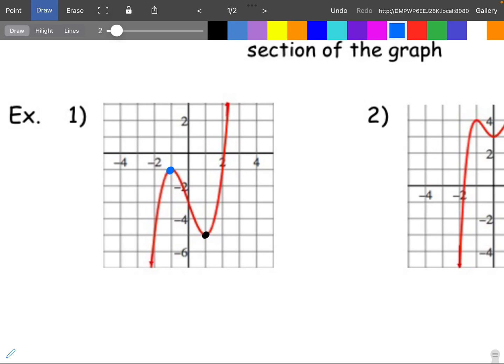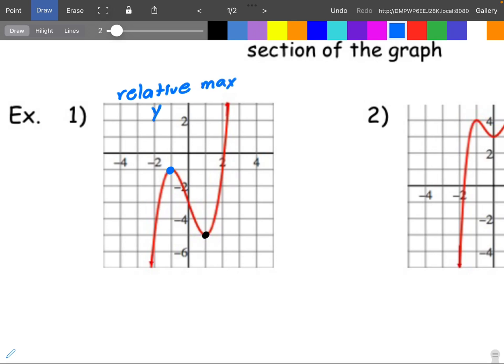That turning point is the highest point in this section of the graph. So within that little section of the graph, there is nothing higher. Now, there are higher points on the graph at some point, but not in that particular section of the graph. Therefore, this is going to be a relative maximum, not an absolute, but a relative.